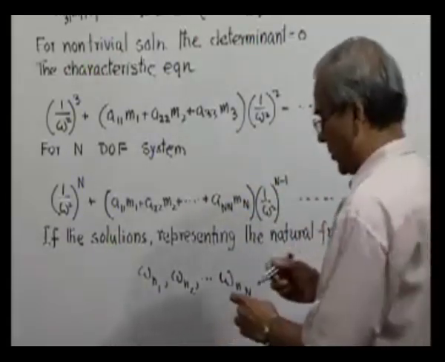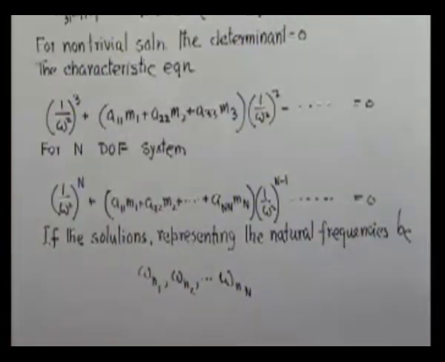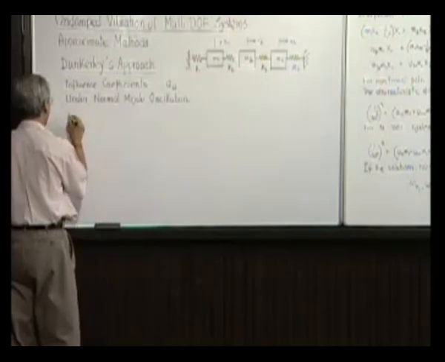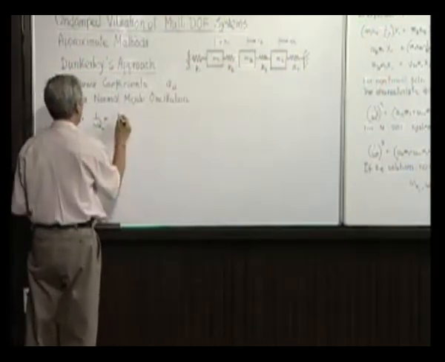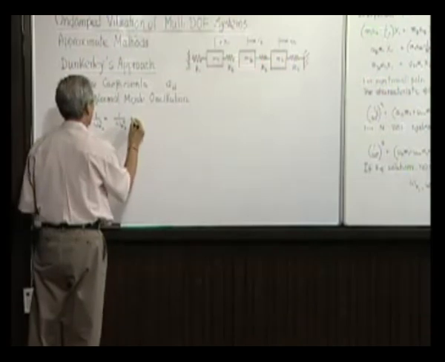So some of the roots we know we can write like this. We already know that the sum of the roots, so 1 by omega n1 square plus 1 by omega n2 square plus 1 by omega n3 square will be equal to this.